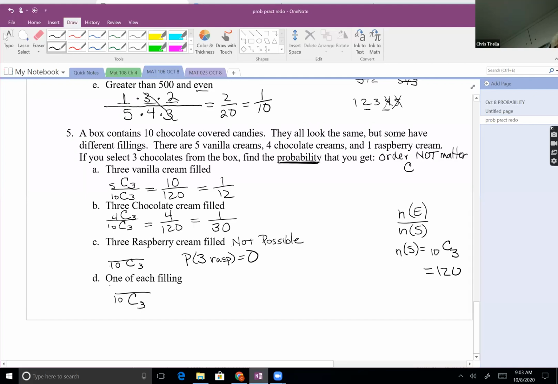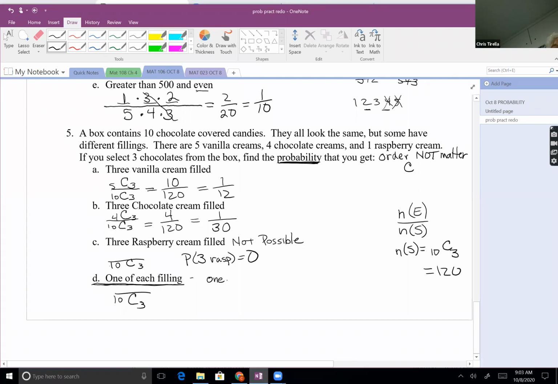This last one, if I want one of each filling, what does it mean to have one of each? Wouldn't I have to have the counting principle?